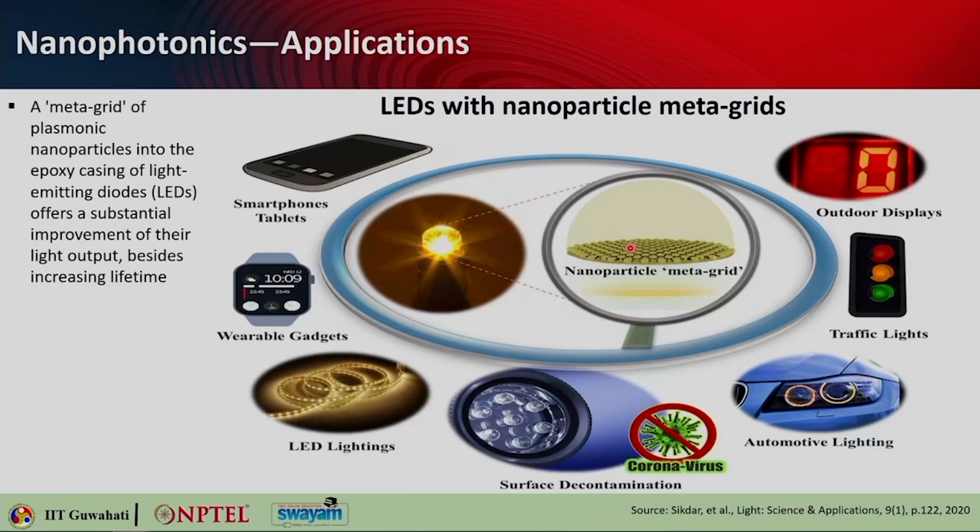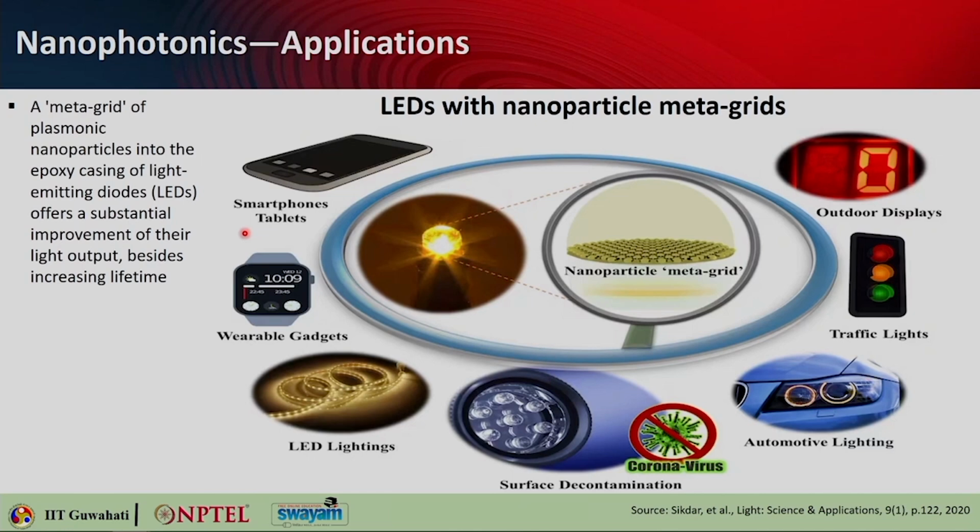LEDs, all of you know that these are one of the most widely used devices in lighting and automotive industry these days. You can think of outdoor displays, traffic lights, automotive lighting, even surface decontamination using UV LEDs during COVID time, wearable gadgets, smartphone displays, everywhere OLEDs or LEDs, light emitting diodes are used.